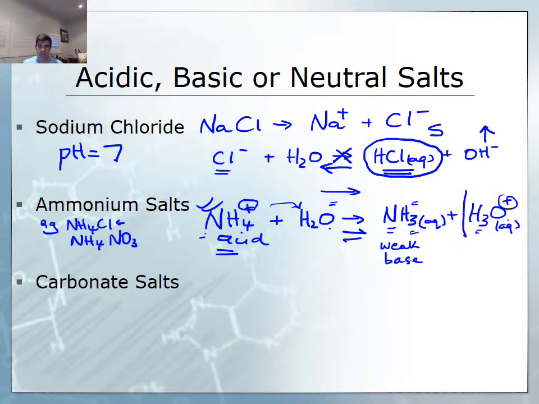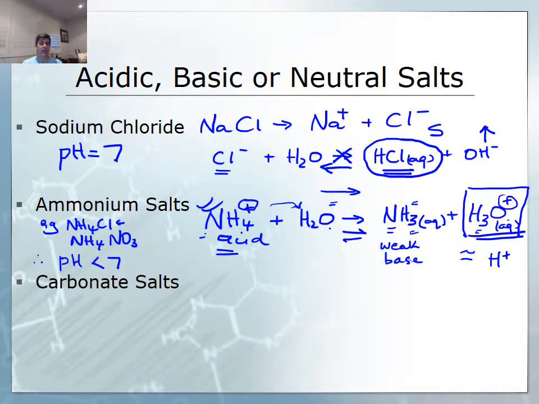What that means is that ammonium salt is going to increase the concentration of hydronium ions. They, we've already said, are equivalent to H+ ions, and therefore the pH will fall. It will be less than 7.